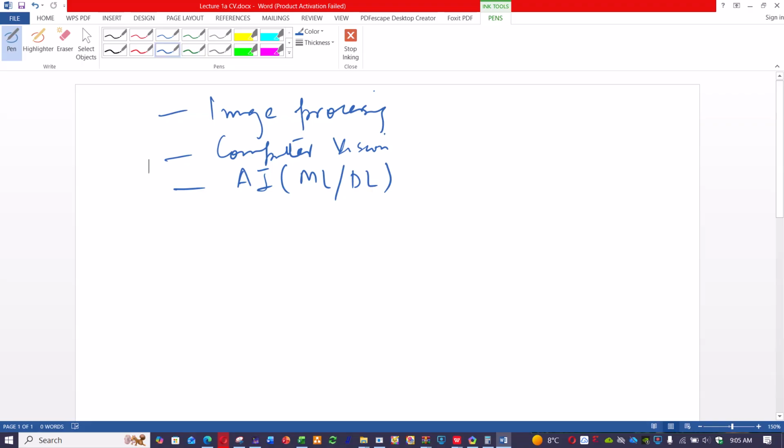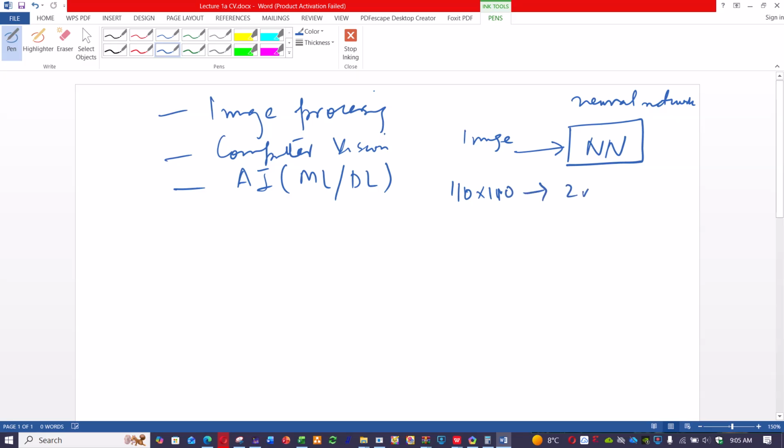And generally when we are doing AI for computer vision, our final classifier is the neural network. Generally for neural networks we need fixed inputs, and by fixed I mean the image size. So even if our object is of the size 110 into 110, we would resize it to 234 into 234.